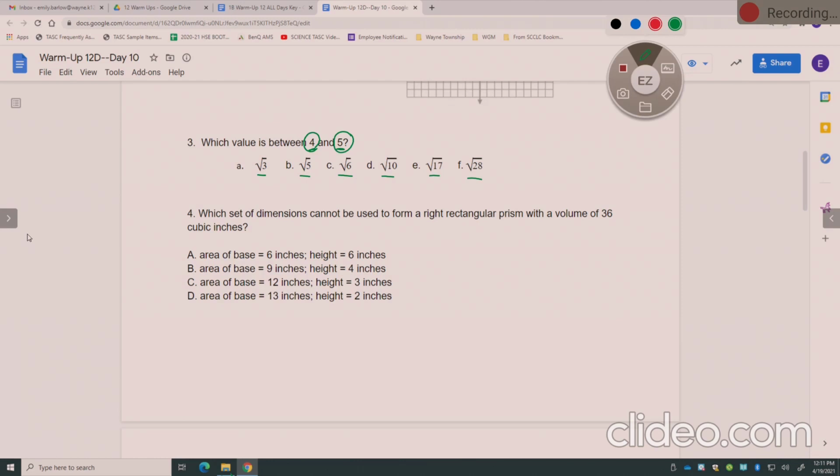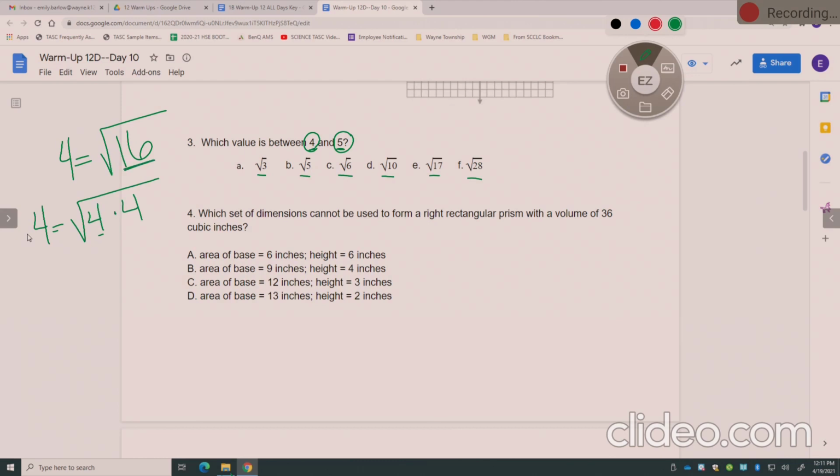So 4 is the square root of 16, because remember, the square root of something is what number times itself equals that number inside the radical.